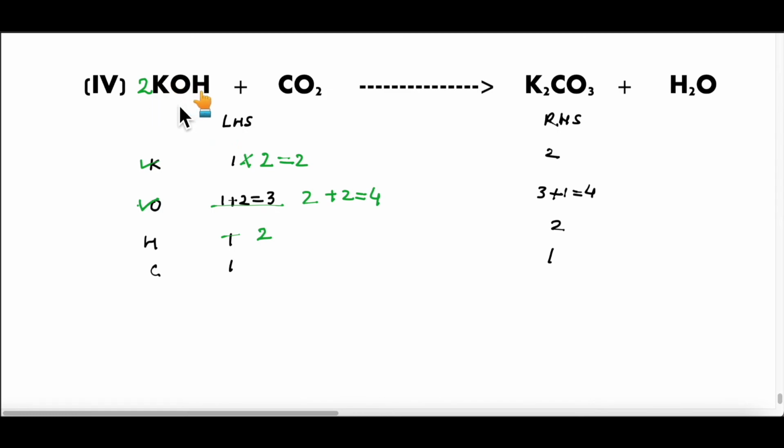Then for this hydrogen, let us see what changes have been made. This hydrogen atom is 2 on the reactant side, and yes, it is 2 on the product side as well. So this hydrogen atom is also balanced. Now lastly we are left with carbon atom. This carbon atom is 1 on the reactant side and 1 on the product side as well. Thus we see that this carbon is also balanced.